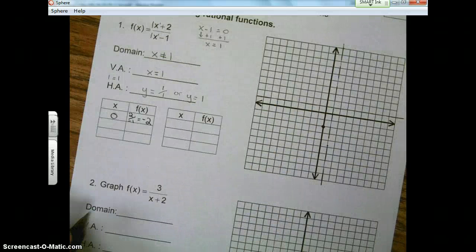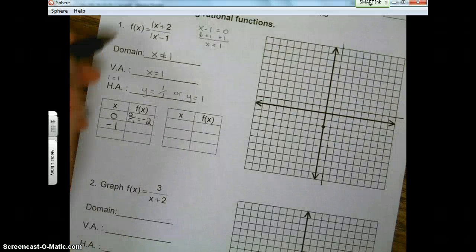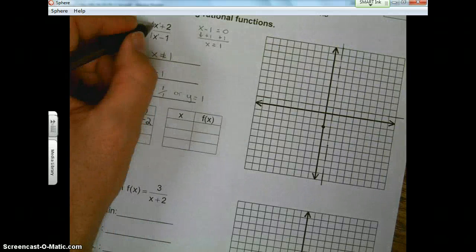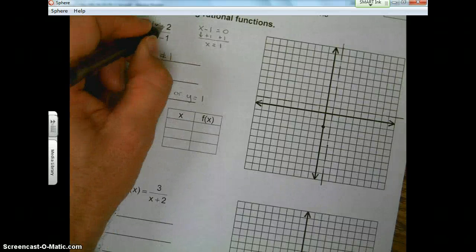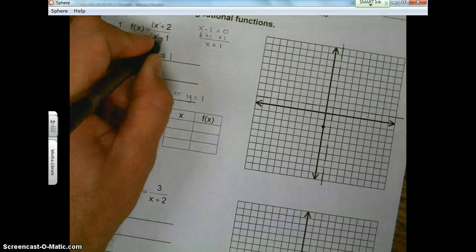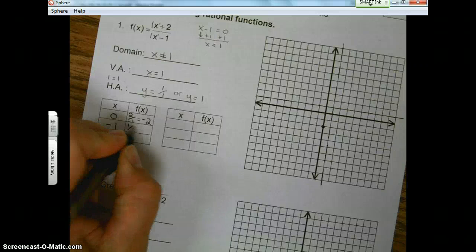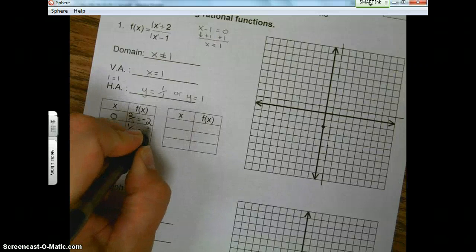Okay, let's try negative 1. Plugging negative 1 in, at the top negative 1 plus 2, and at the bottom negative 1 minus 1, so we get 1/2. Let me correct that: it's 1 over negative 2, so negative 1/2.